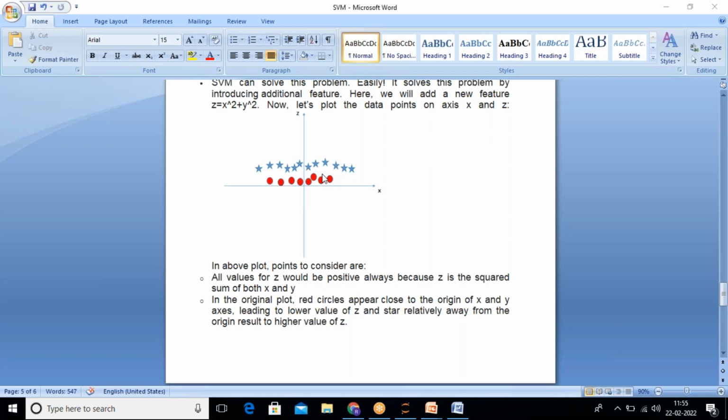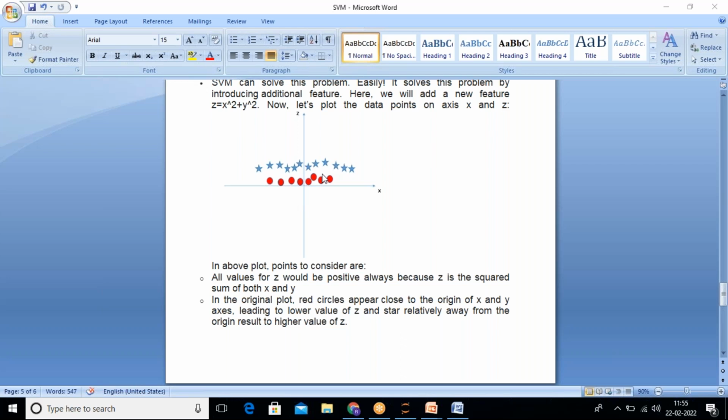The data has moved from a lower dimensional space to a higher dimensional space, meaning it has moved from a non-separable problem to a separable problem. Yes or no? Getting the point?